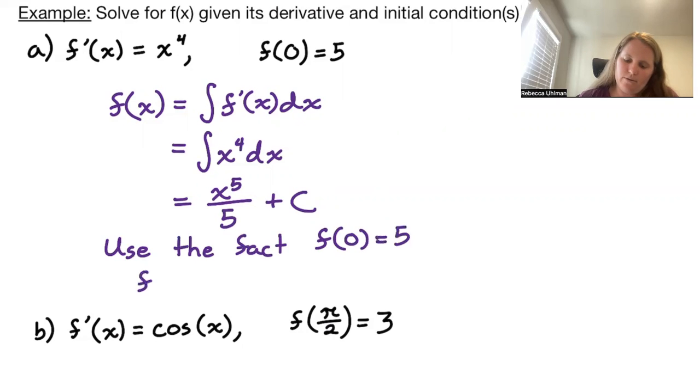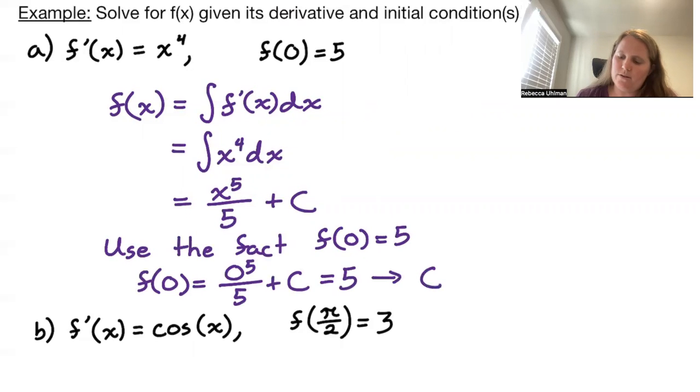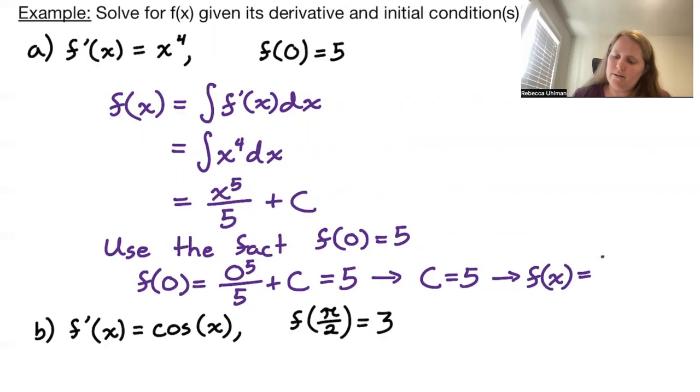So we have f of 0 is 0 to the 5th over 5 plus c should be equal to 5. That means our c is equal to 5. And we wind up with f of x is x to the 5th over 5 plus 5.